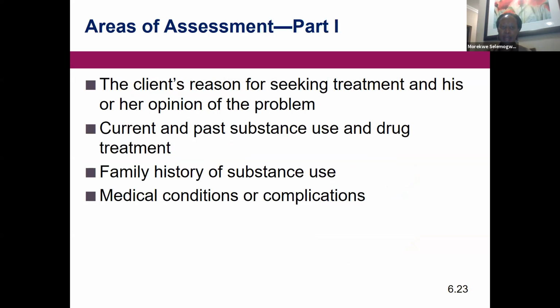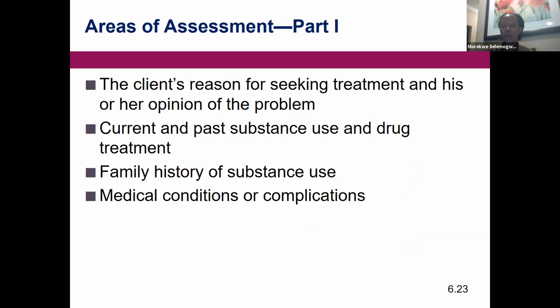So the first part in terms of areas of assessment, because I've already noted that the information that we gather about a client is not just for the use of substance, but very broad. You would want to know the reason for them seeking treatment and their opinion of the problem.